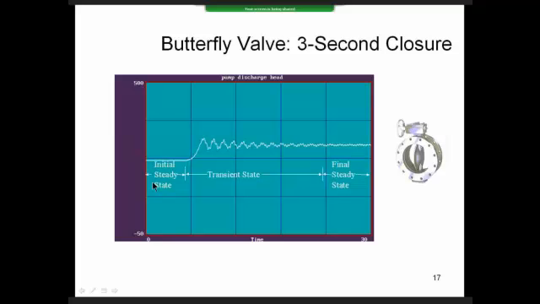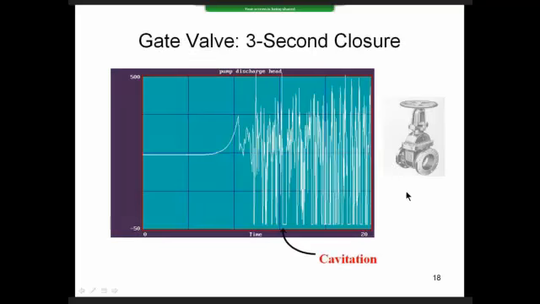So this next plot shows what would happen if we close this butterfly valve. And what we intuitively thought would happen: you start at a certain pressure, you close the valve, you end up, this is the pump discharge head, at a little higher pressure and a little lower flow rate, which is what we would expect. But if we do the same operation with a gate valve, this is what we get.